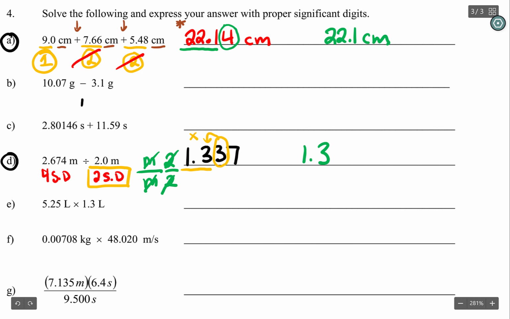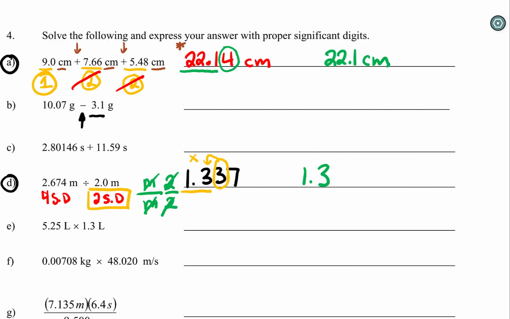First thing I notice is this is a minus sign, which means we have to follow the rules for adding and subtracting, which is the least number of decimal places. So I need to the 10th here. When I punch this in my calculator, I get 6.97.